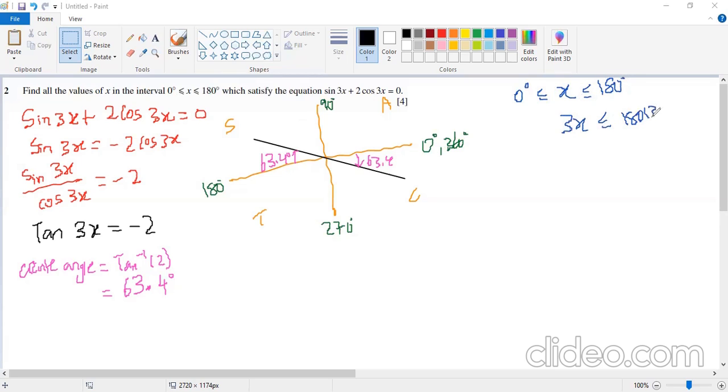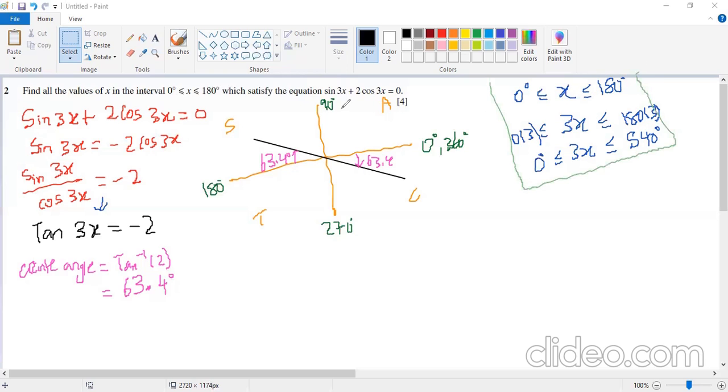When you multiply by 3 everywhere, it becomes 3x, because 3x is the angle in concern. So this is 0 degrees, and this is exactly 540 degrees, which means 3 rounds in total.